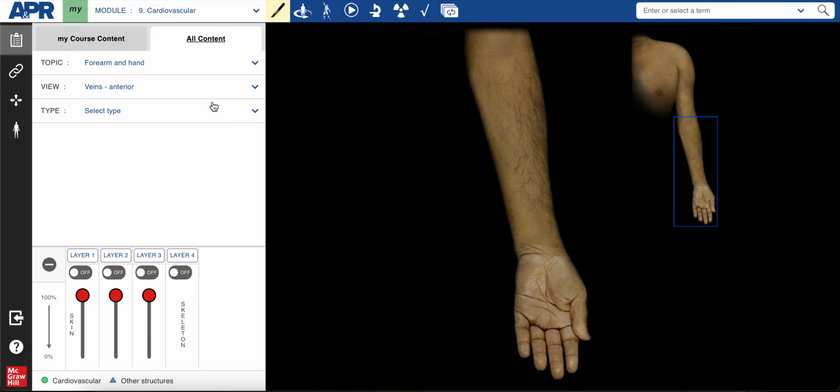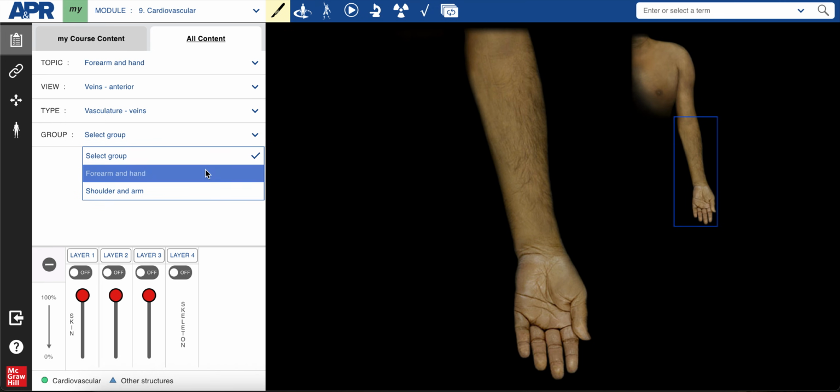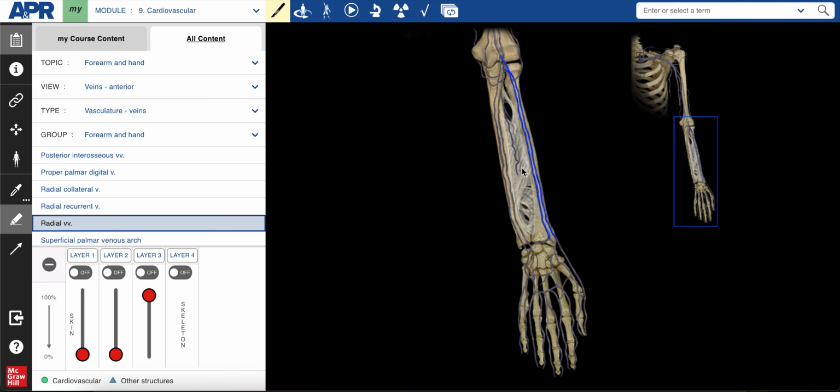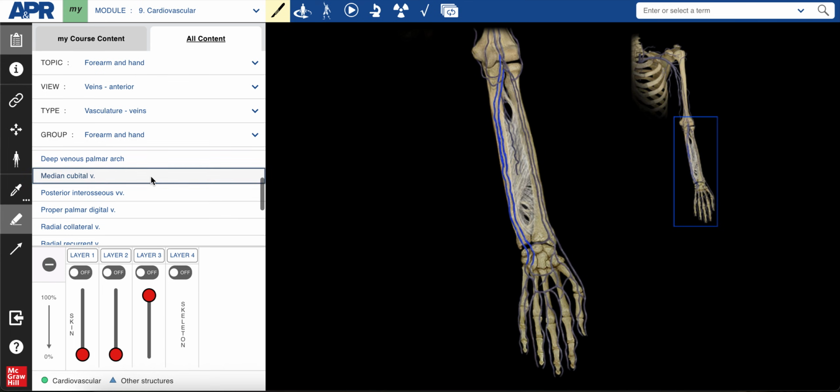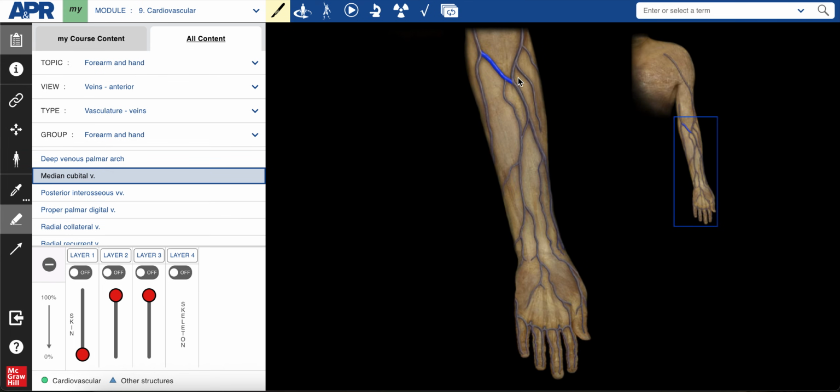We can see, for our veins, the radial vein along those radial and thumb sides. The other one to note here is the median cubital vein. The cubital space is the front of your elbow. That's what the front of your elbow is called, the cubit, and so the antecubital space. This vein that's crossing through here and some of its little branches that you can see off, those are the median cubital veins.